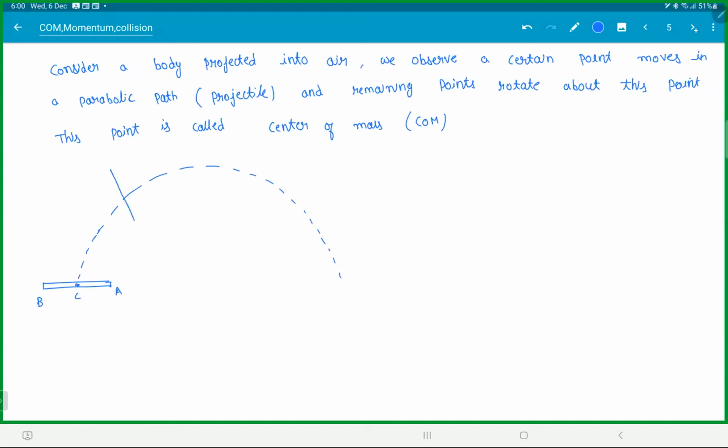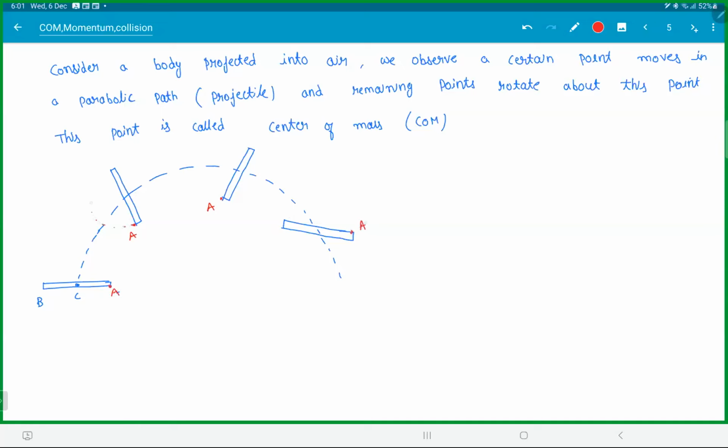And as the rod is rotating, this is what you'll observe. So this point A here, you're getting it.